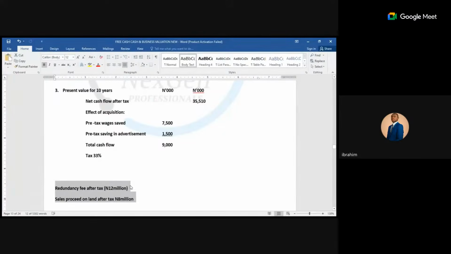We would have netted it because it is one-off. If it is before tax, we would have netted that one too. But we are not going to add it here because these two are just one-off. Once the acquisition does start, bam, everybody go.